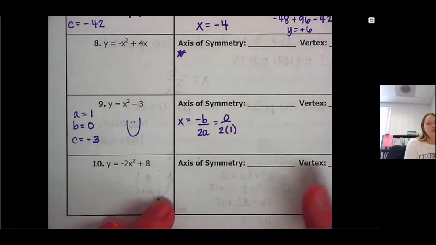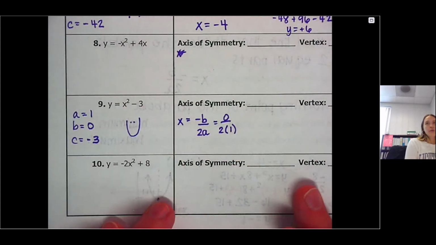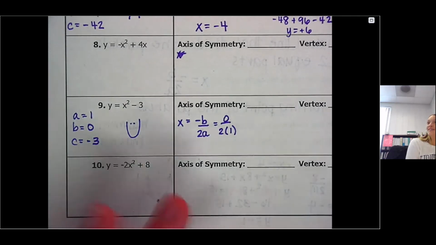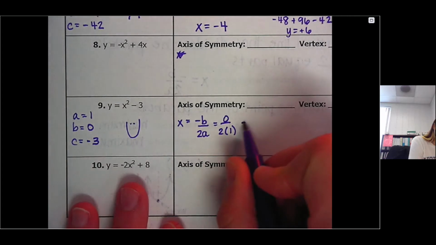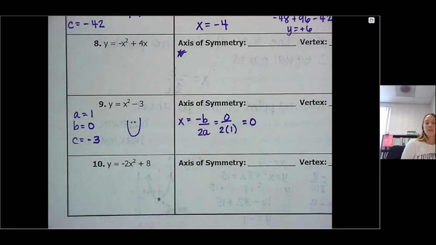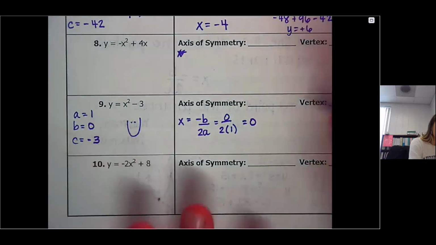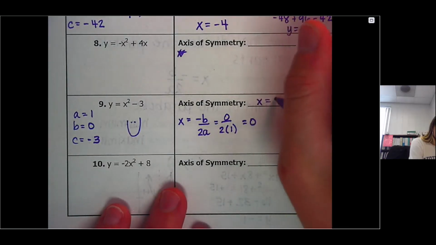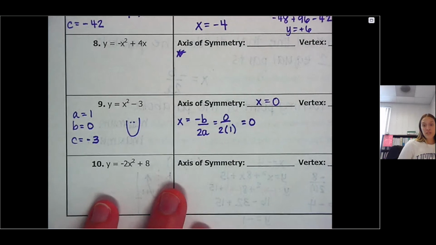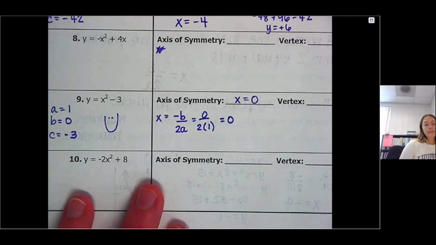Well, what is 0 divided by 2? Zero. Yeah, it stays 0. That means your axis of symmetry is at what? X equals 0. Perfect.